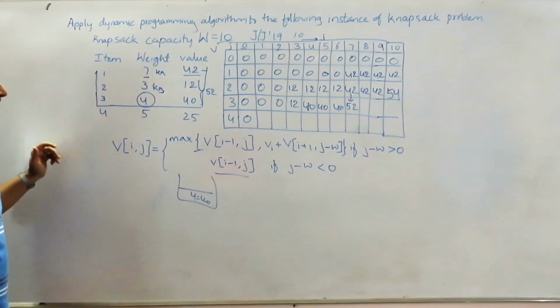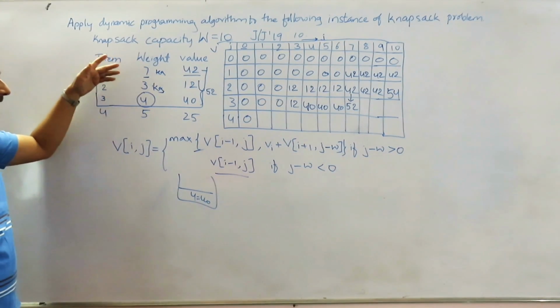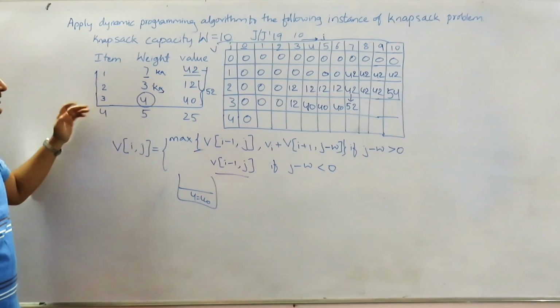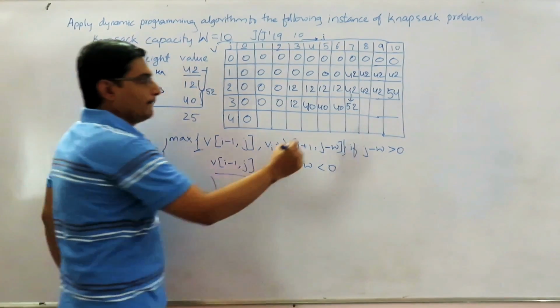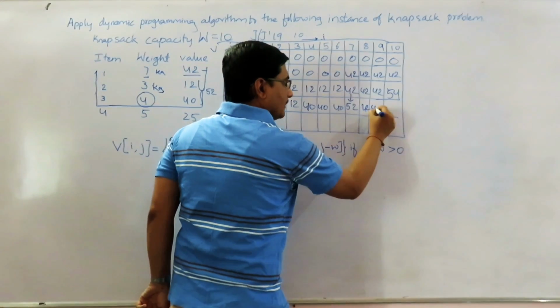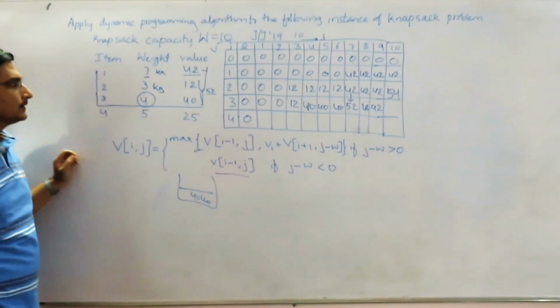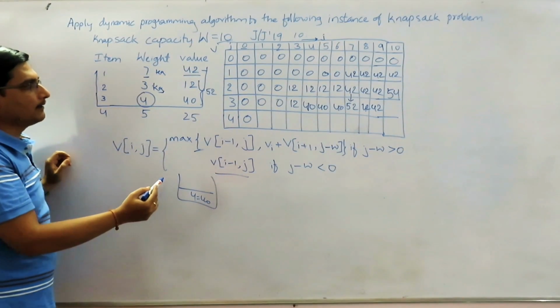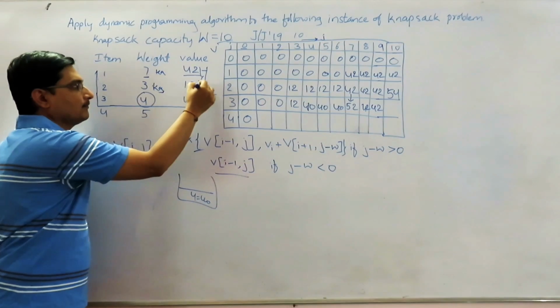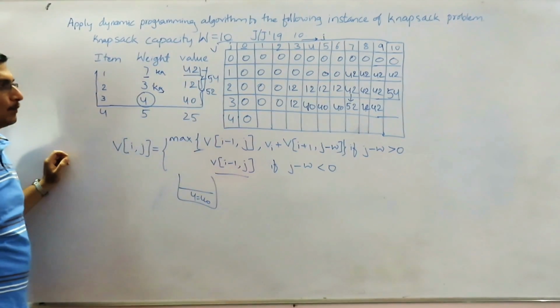When it is 8, can I go for any other combinations? No. When it is 9, can we go for any combinations? No. When it is 10, we can go for some combinations. 7 plus 3, 54 we get. From these two we get 54. From these two we get 52.